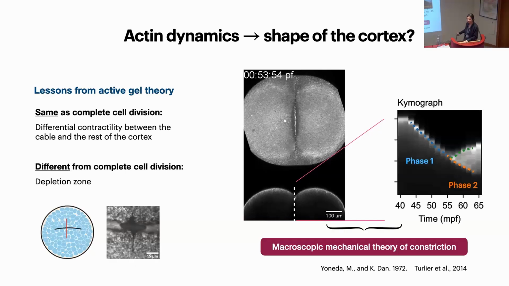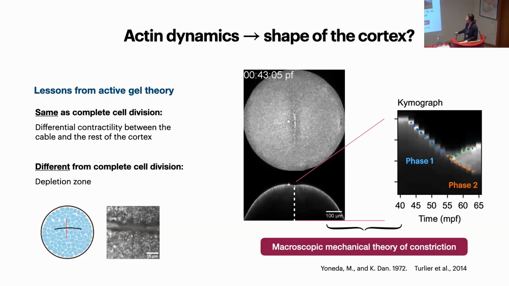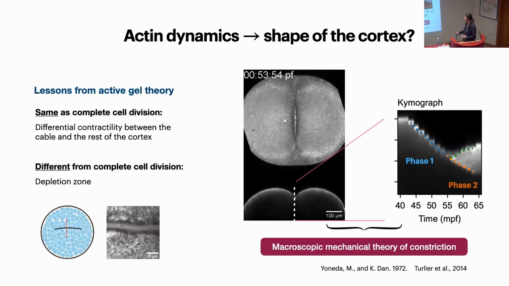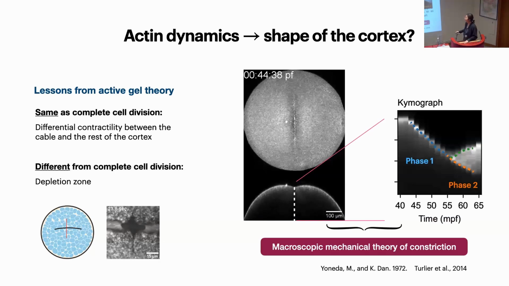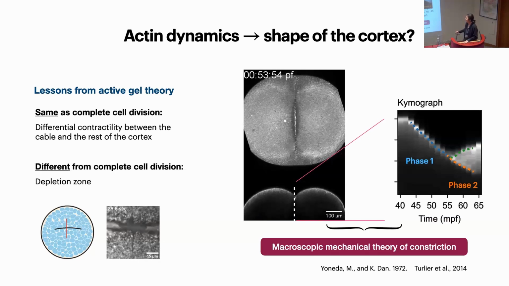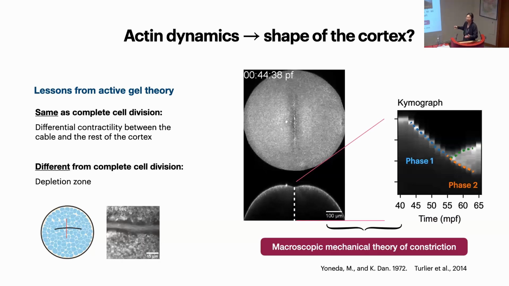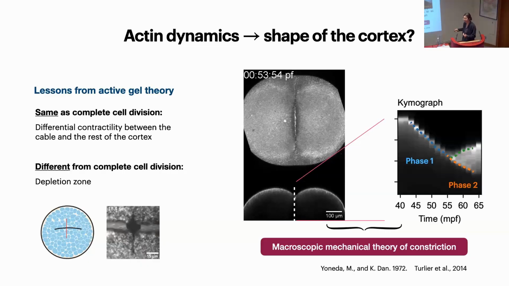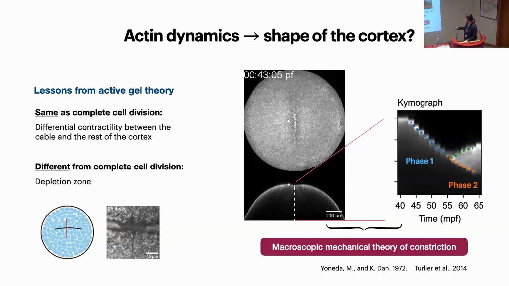But another very nice thing that they showed in this paper is that you could also just write a microscopic mechanical theory of constriction while just treating all of this as a uniform material and essentially arrive at the same conclusion. Which is what I did.